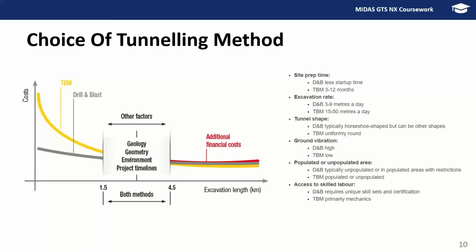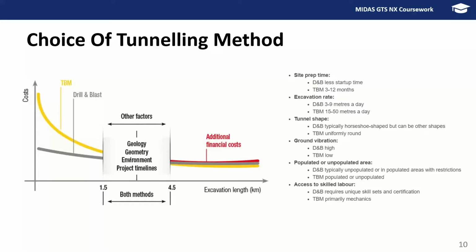But with TBM, once the TBM is set, it keeps on going. And in terms of cost, TBM is the highest in terms of expenses. DNB is a bit lesser. And in terms of other factors, the geology, geometry, and the environment or the project timeline, what kind of financial parameters are available, all this dictates the choice of the tunneling methods.